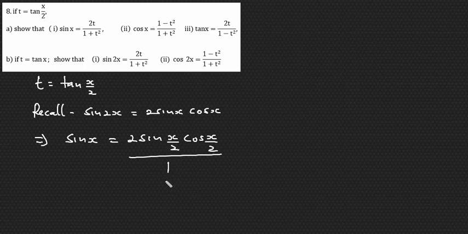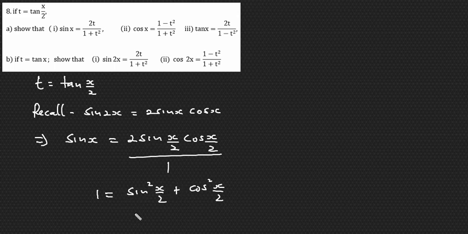So if I divide by 1, remember that 1 is the same as sine squared, but I'm going to use half angle this time, plus cos squared x over 2. This helps me to create a denominator, then I will have to manipulate it and I get a tan, as you will see.